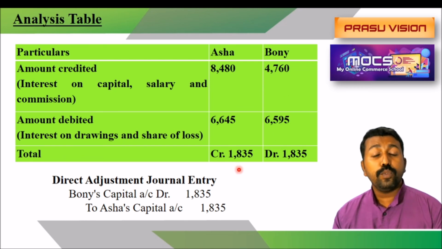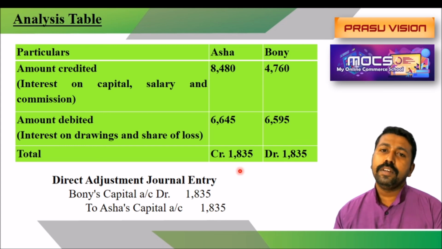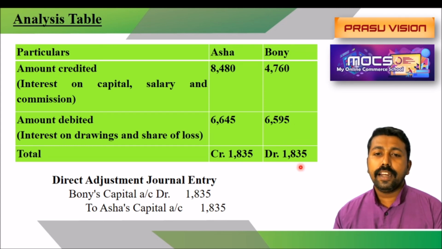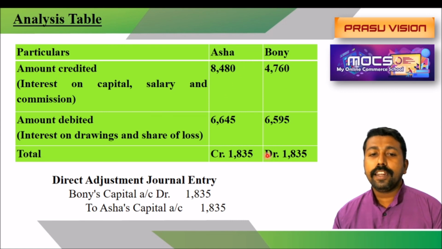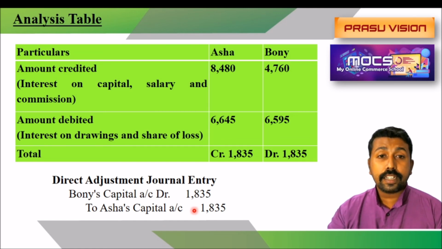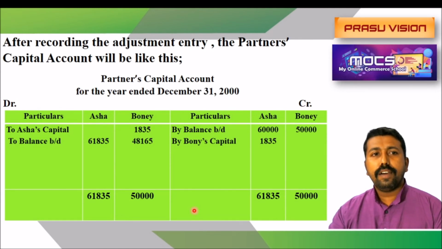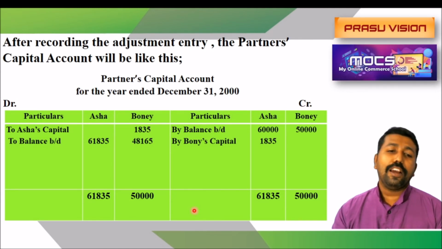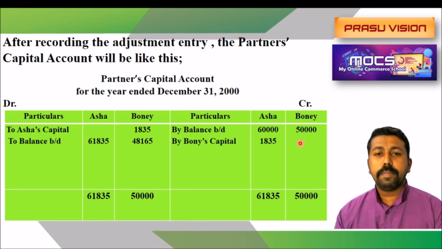Asha is getting a credit value of 1,835, Boni 1,835 debit balance. We are writing the adjusting entry: Boni's capital account debit to Asha's capital 1,835. Then we are posting the adjusting entry to the capital account. After recording the adjusting entry, the partners' capital accounts will be like this. Opening balance 60,000, 50,000.